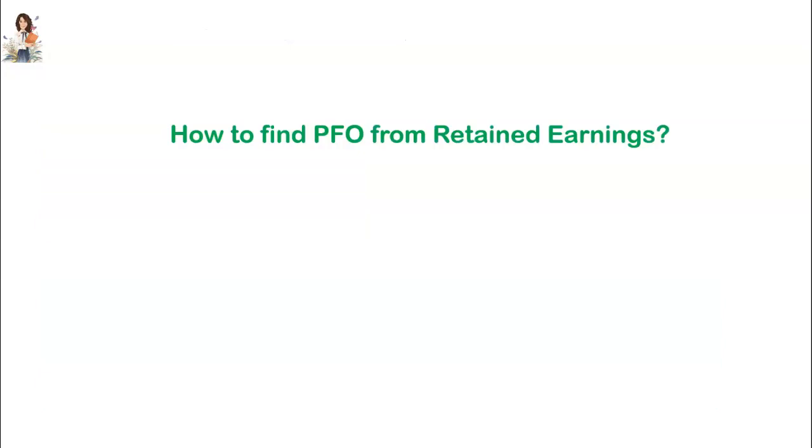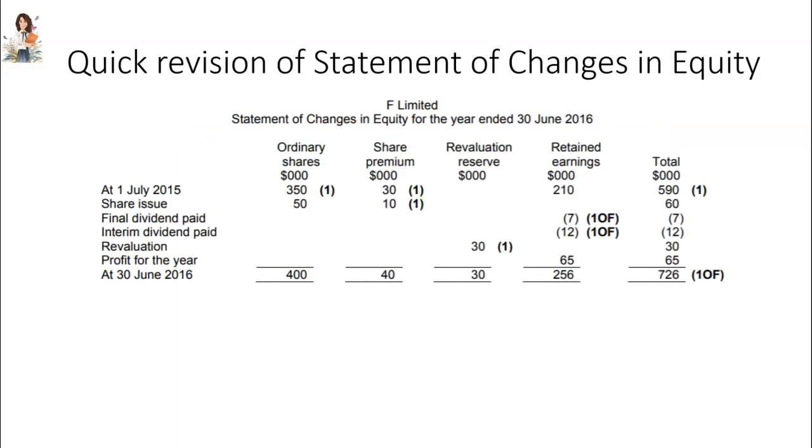What if you have to find out profit from operations from retained earnings? For this, we will have to do a quick revision of statement of changes in equity. I want you to focus on this column. You can see that in the retained earnings column, opening balance of retained earnings minus final dividend paid minus interim dividend paid plus profit for the year gives you closing balance of retained earnings.